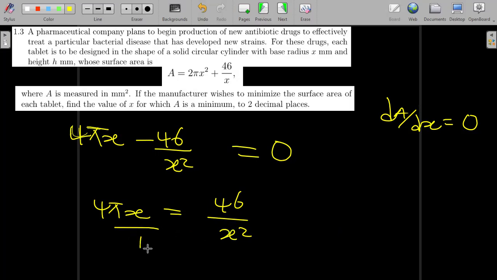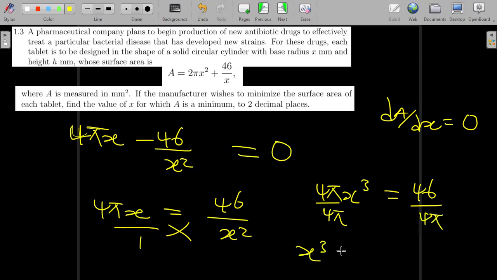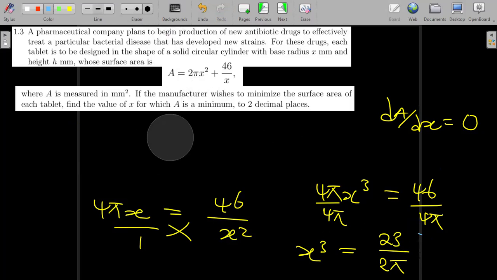So it will be 4 pi x equals 46 over x squared. What do we do with this? We cross multiply. We have 4 pi x to the power 3 equals 46. Then we can divide both sides by 4 pi. So x to the power 3 is equal to 23 over 2 pi. I just divided this 46 by 2, I get 23, and this 4 pi by 2, I get 2 pi. Now you can find the cube root of that, using your calculator.